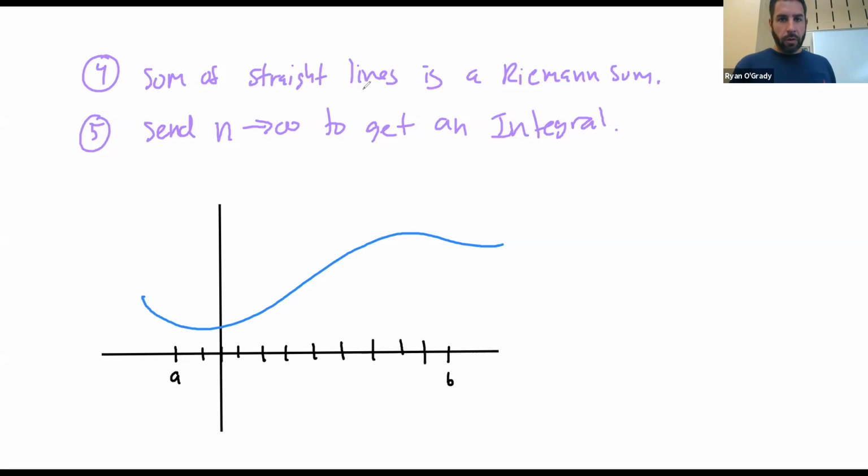And so what I'll do is I'll connect these dots with straight lines. So let's say I don't want to use pink, I'll use red.